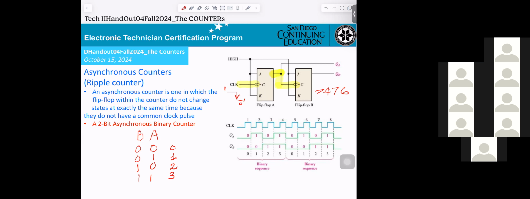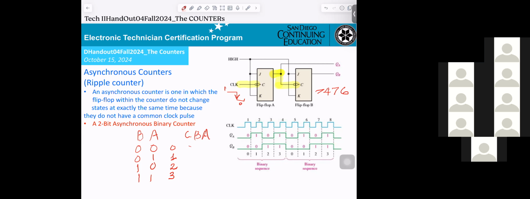If you get 3 variables, 3 flip-flops, that means you get C, B, A. So with 3 flip-flops you'll be counting from 0 to 7.